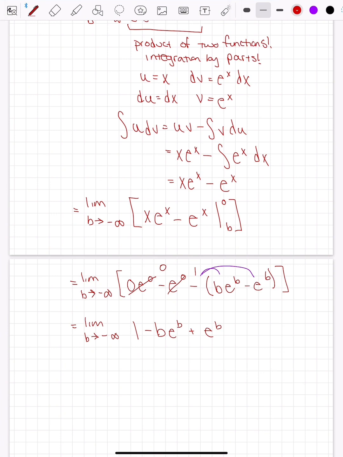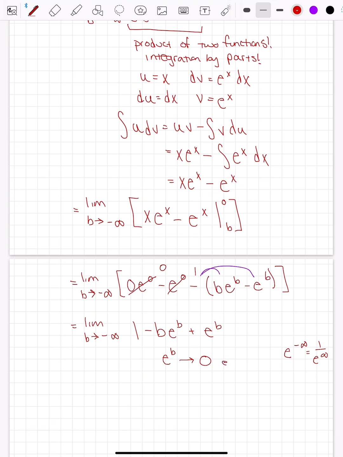If you notice, if we make b go to negative infinity, then e to the b, when b is negative, is going to go to 0. Because e to the negative infinity is 1 over e to the infinity, so that's 1 over a big number, which goes to 0.